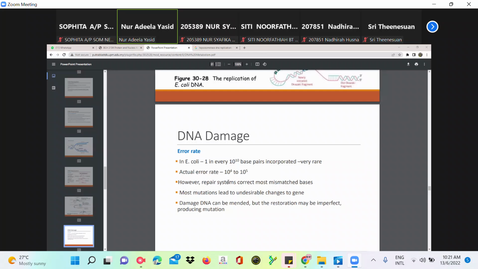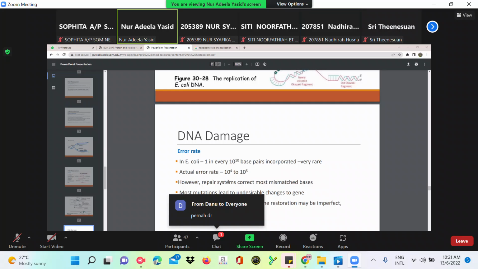Have you heard of ethidium bromide before? Maybe nowadays it has improved. But in the past, to see the gel under UV, we had to stain it with ethidium bromide. Basically ethidium bromide is classified as carcinogenic, so you have to be careful.